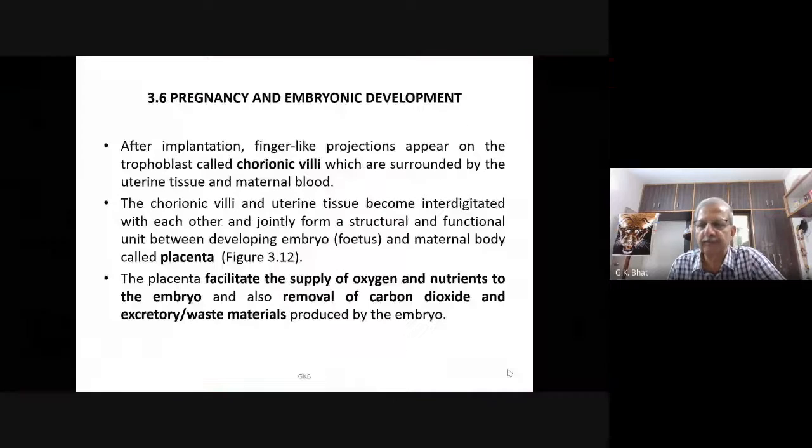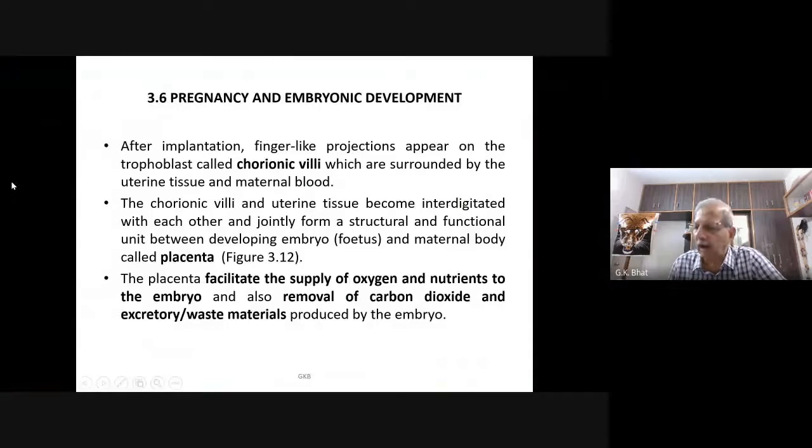As you are aware, after the attachment of the blastocyst onto the wall of the uterus, that is the endometrial wall, finger-like projections appear on the outermost layer of the blastocyst called trophoblast. And these finger-like projections are called chorionic villi.